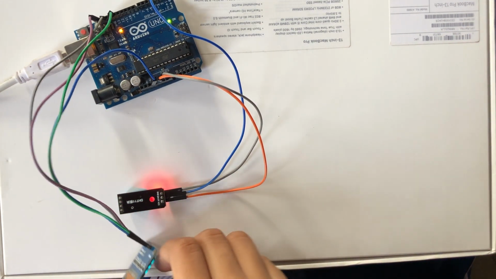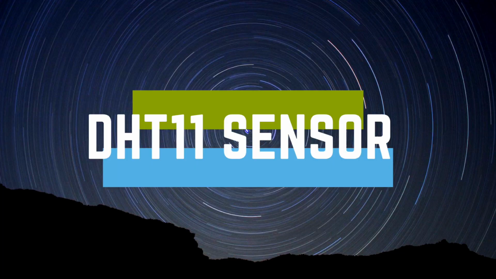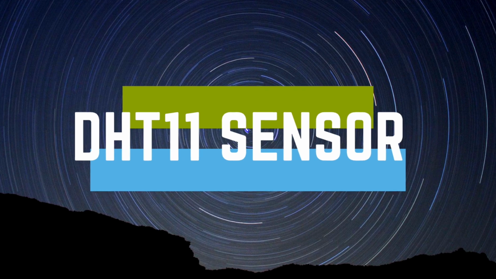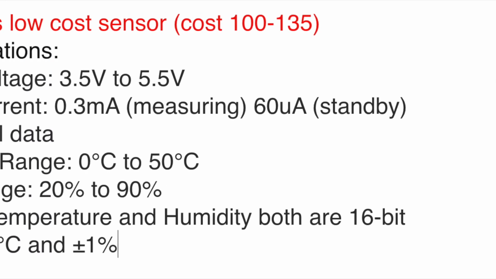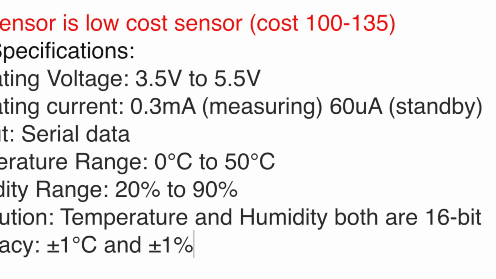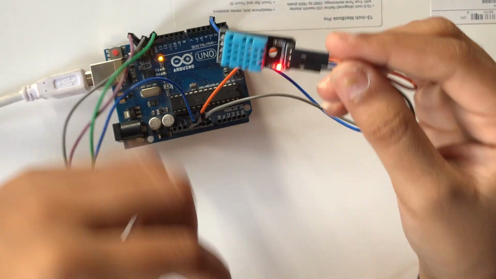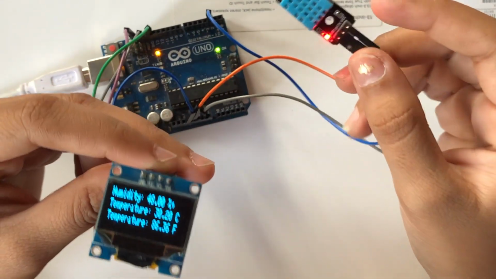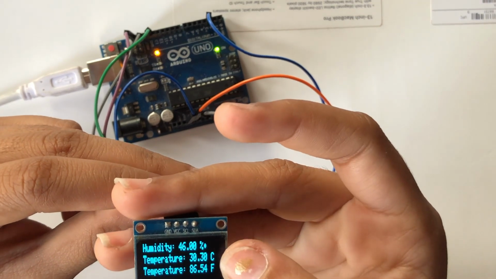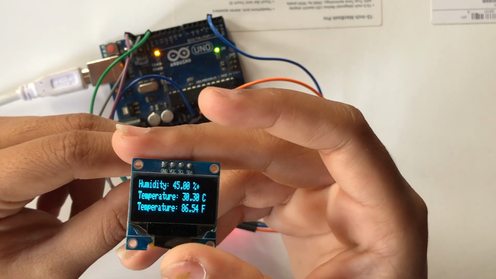So my today's topic is DHT11 sensor interfacing with OLED. As you all can see, I have interfaced the DHT11 sensor with the OLED. Here you can see it is showing 46% of humidity.